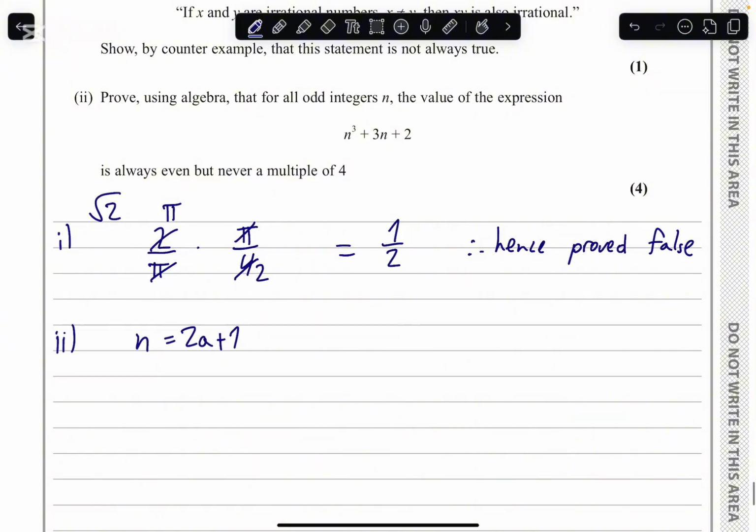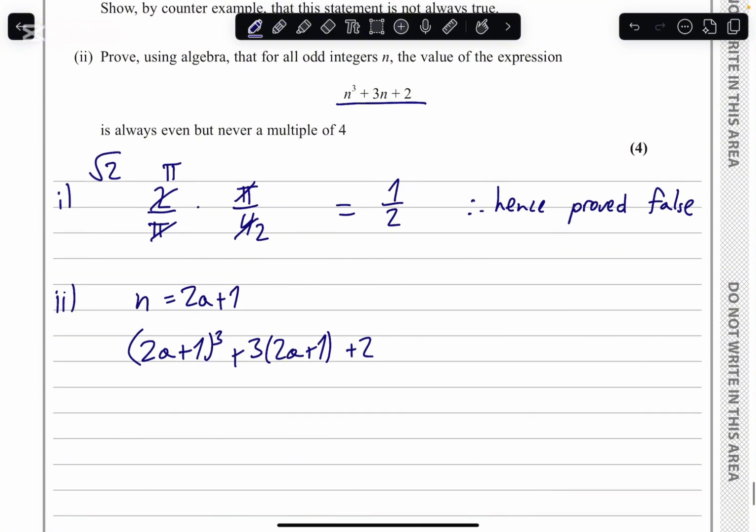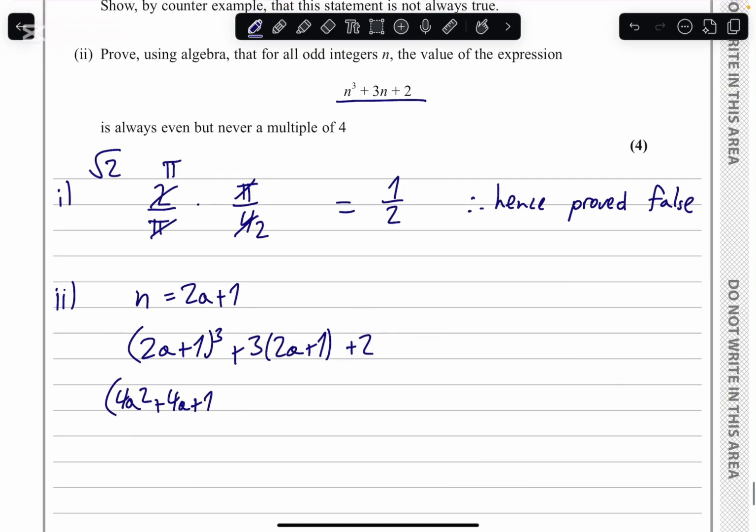And then instead of n, we put 2a plus 1, and we expand that and we will probably be left with something which is a multiple of 4. Expanding that, we get 4a squared plus 4a plus 1 times 2a plus 1 plus 6a plus 3 plus 2.